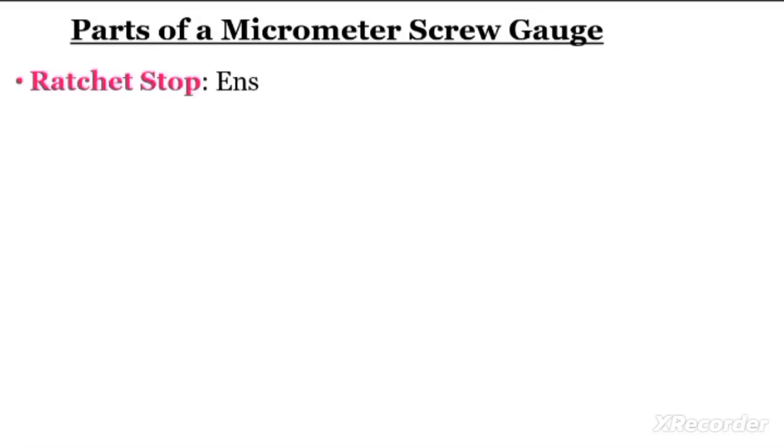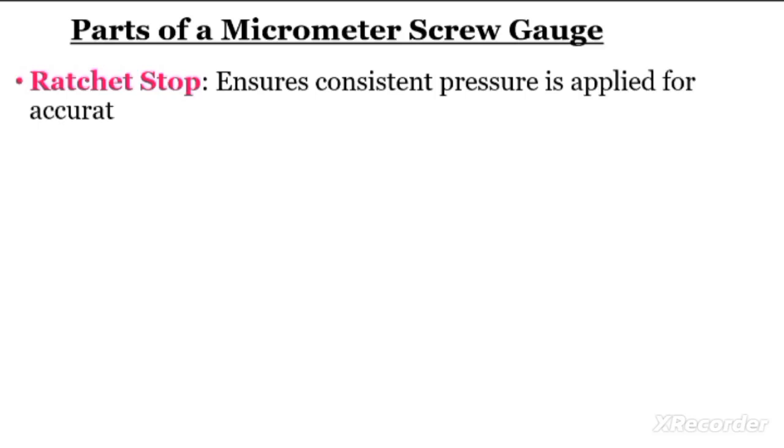Let us look at the next part, which is the ratchet. What is the function of the ratchet? The function of the ratchet is to ensure that consistent pressure is applied for accurate measurement. Without consistent pressure, accurate measurements cannot be attained.